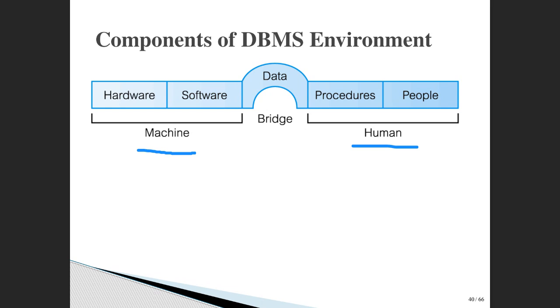Hardware means any physical device, any physical part of the database system. For example, the front end, the PCs used by the users, the devices used, the network devices, or the back end, which is the servers used to store the database.